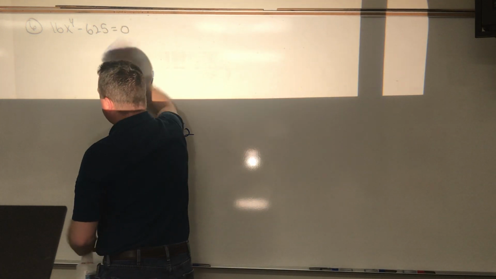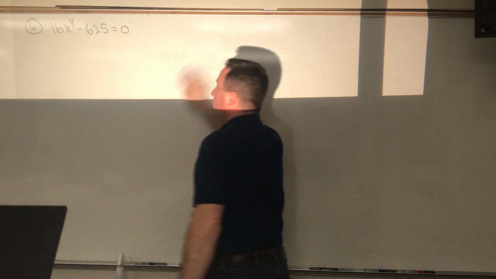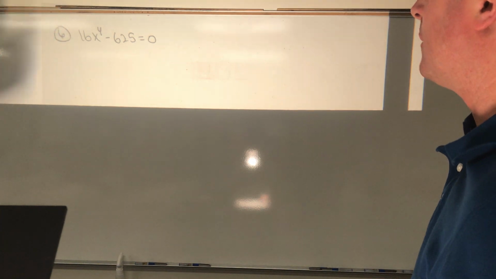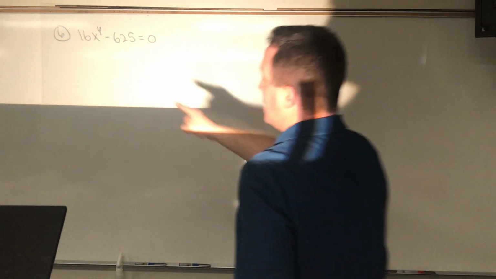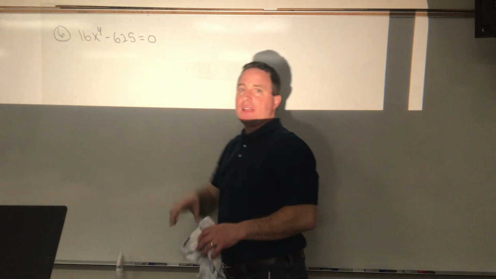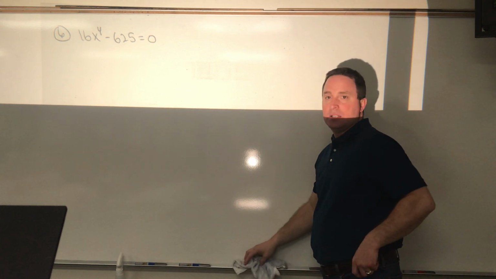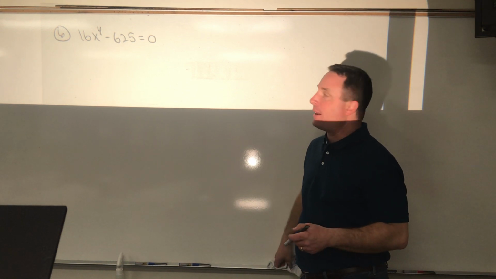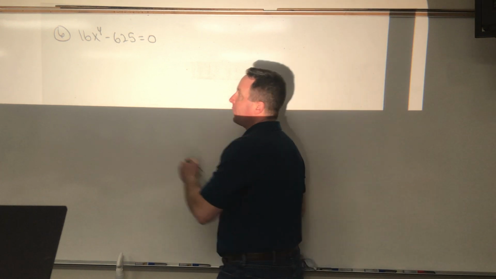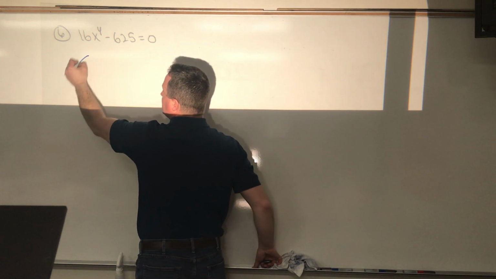The first thing that strikes me about this one is that there are only 2 terms. And when there are only 2 terms separated by subtraction, I think to myself, well, hey, it's going to be one of those perfect squares, the a plus b and the a minus b kind. Well, I think they are perfect squares.